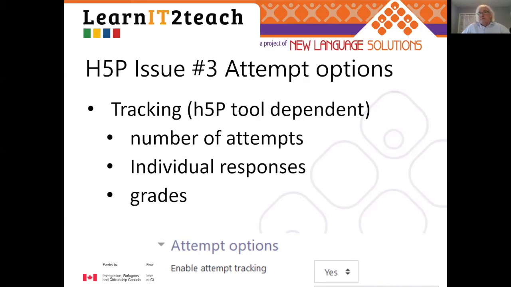You can set this up in Moodle with H5P. So it gives you more flexibility. Where it says attempt options underneath the H5P, you'll just say yes to enable attempt tracking.